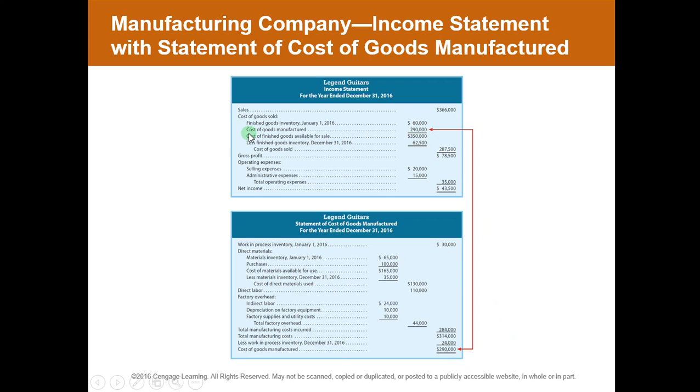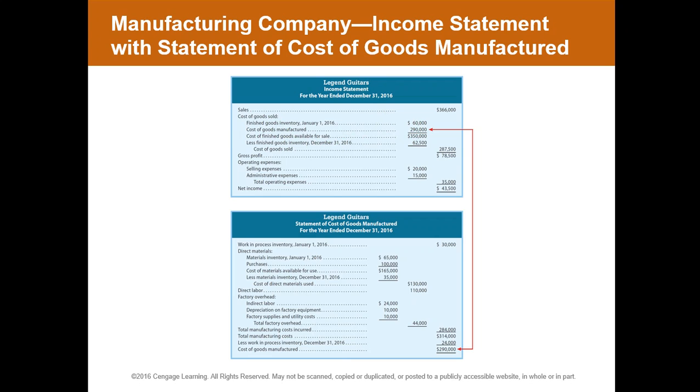So instead of that purchases line here, I didn't purchase $290,000 worth of inventory. I built $290,000 worth of inventory. Added that to the $60,000 I already had out on the showroom floor. So during 2016, I had $350,000 worth of guitar inventory for sale during that period of time.